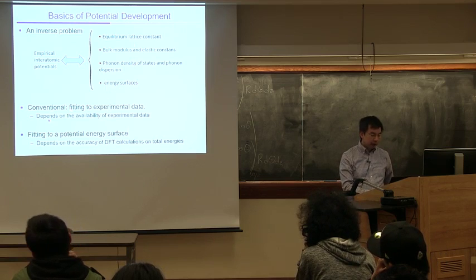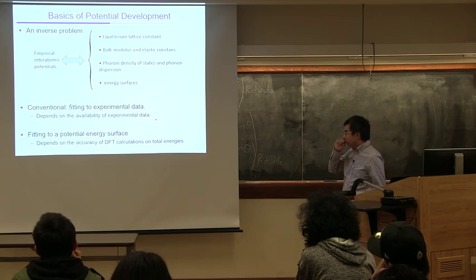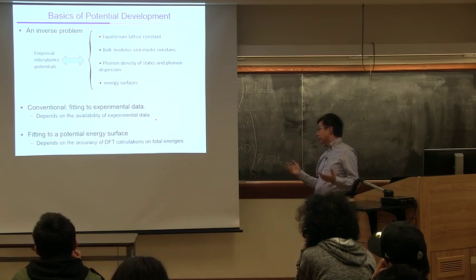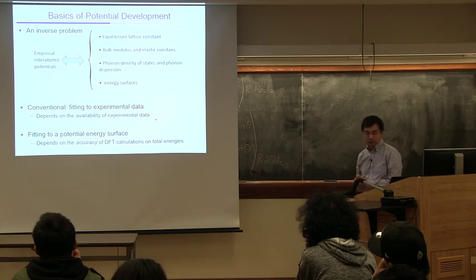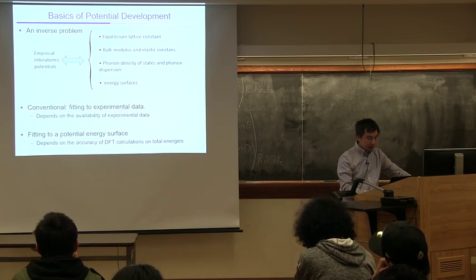So the quality of a potential depends on the availability of experimental data and on their accuracy, right? Maybe different groups, when they measure the same property, end up with different values. So we need to make sure that the uncertainty is considered there, all right?